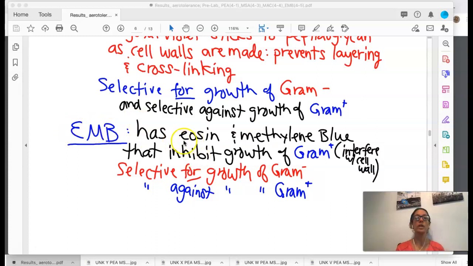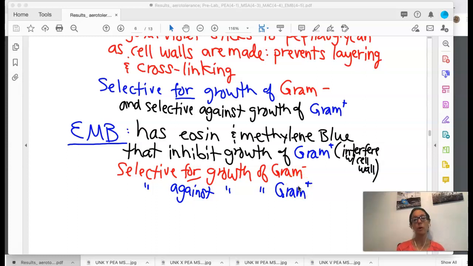That stands for eosin methylene blue. Those are both dyes that again interfere with the cell wall layering in gram positives. So they are selective for the growth of the gram negatives, and selective against the growth of the gram positives.